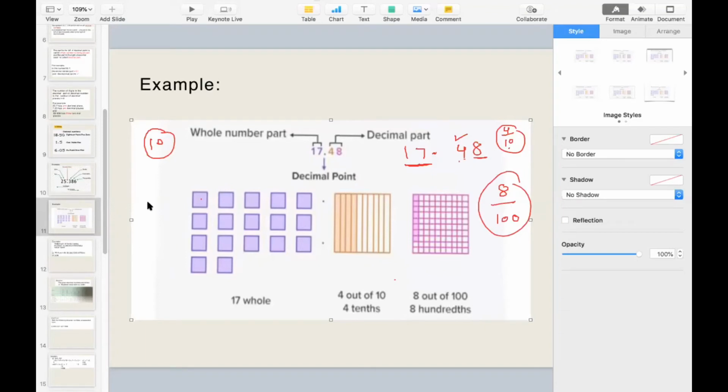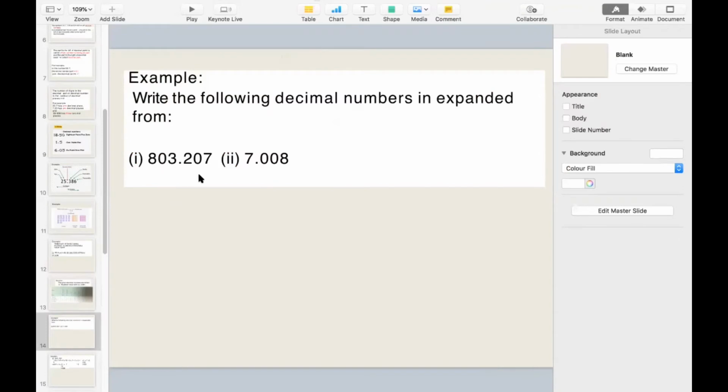Let's move on. Now we will write these decimal numbers in expanded form. How to write in expanded form? 803.207. So this is the whole number. How to write it? 800 plus 3. So this is 803.